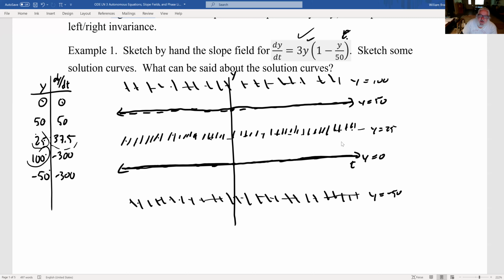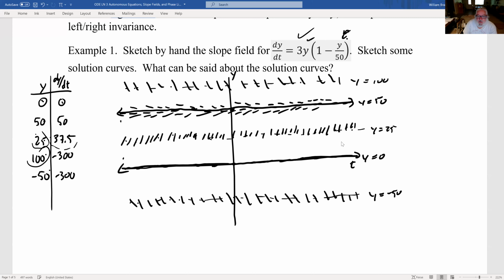you can't change sign if you go above y equals 50. If you take any number bigger than 50 and plug it into the right-hand side, you get a negative number. But if you take numbers close to 50, you actually get numbers close to 0. So we'll get shallow slope marks here. Same thing in between 50 and 0: your slopes are always positive, but if you're close to 50, your slopes are pretty shallow.